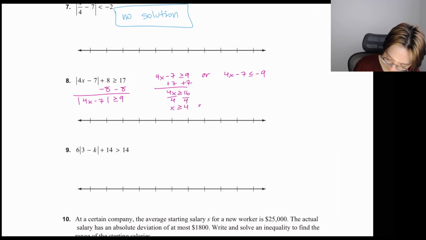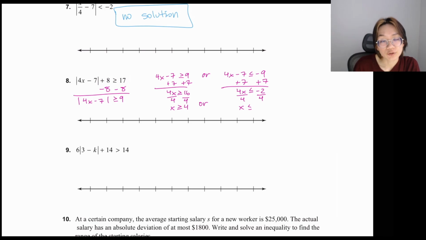So we have x is greater than or equal to 4, or, I keep writing it again, or 4x is less than -2. Here we have a little bit of fractions going on. 2 over 4 can simplify to 1 over 2, and that's still -1 over 2.